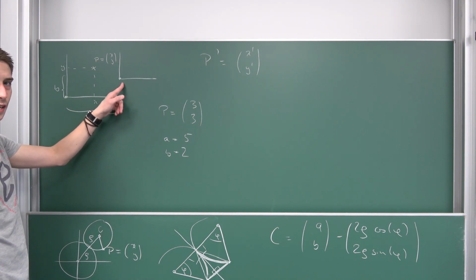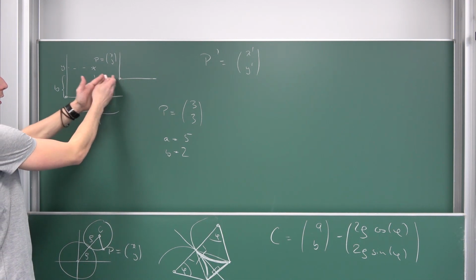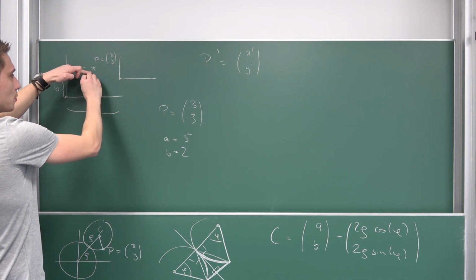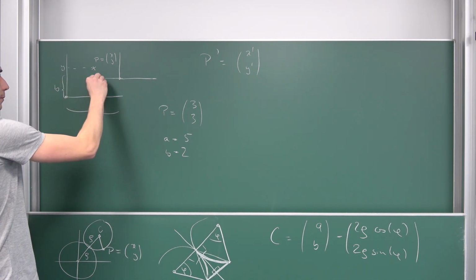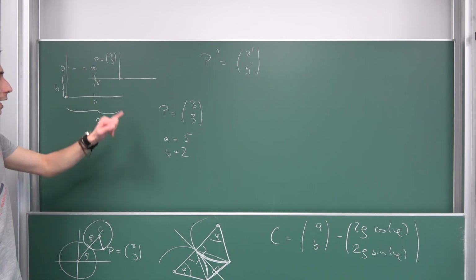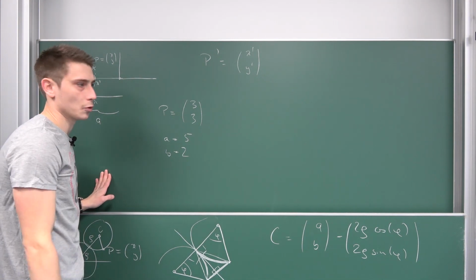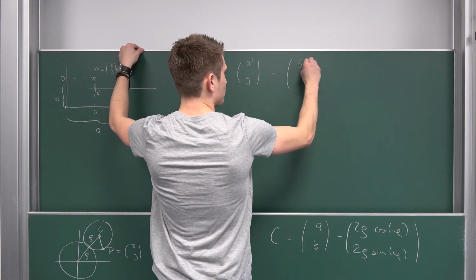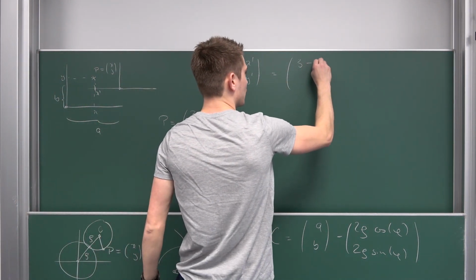Then, since this sketch is quite accurate, our x prime coordinate is going to be somewhere in the negatives right here. So if we just place this line right here, that right here is our x prime coordinate, okay? And it's going to be somewhere in the negatives. How are we going to acquire this negative coordinate? Well, we can just say we are subtracting A from our x coordinate, okay?